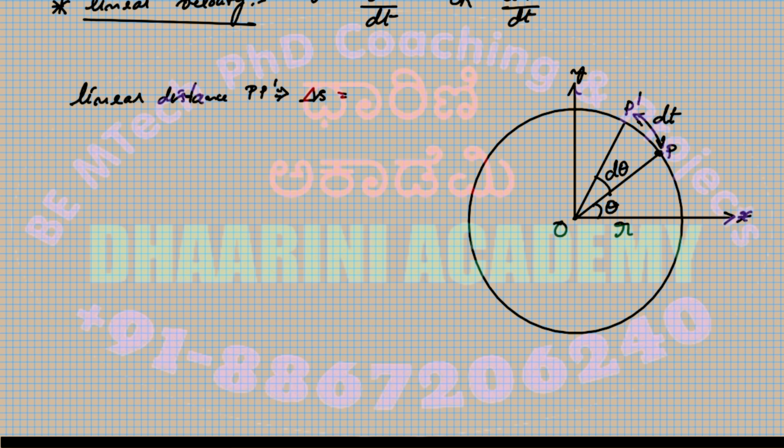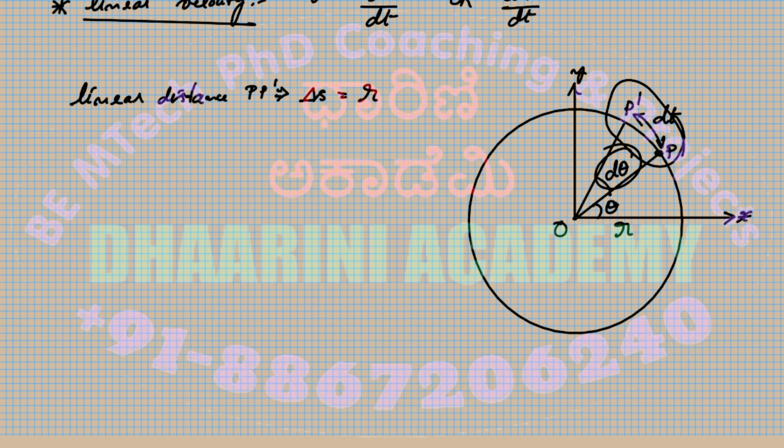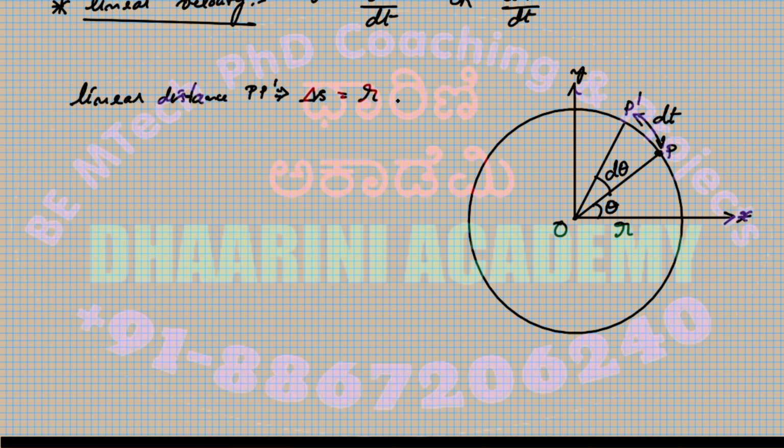If you want to measure that, it is radius into angle. Radius is r, and the angle made at the center of the circle when the object moves from P to P dash is d theta. So we'll write r into d theta.